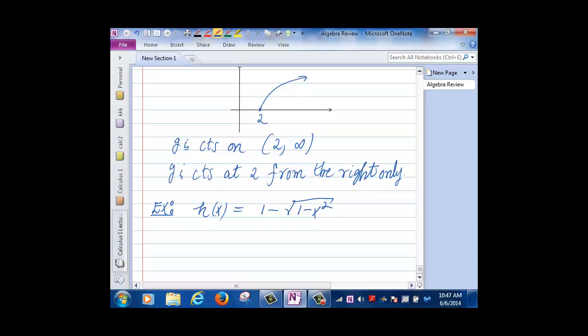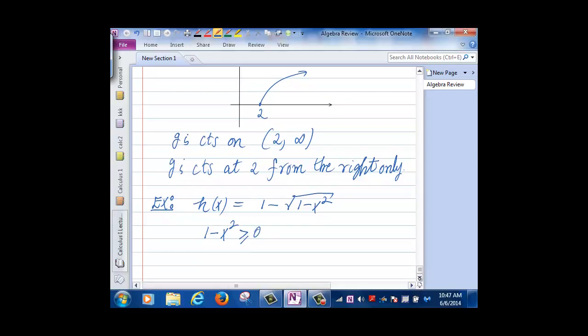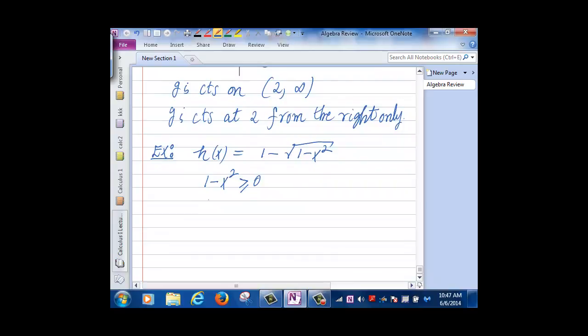Well, this is defined as long as 1 minus x squared is non-negative, right? So it means that 1 is larger than or equal to x squared, which means x squared is less than or equal to 1.